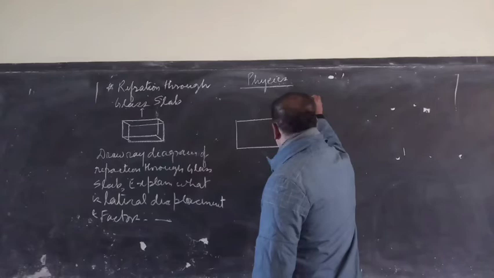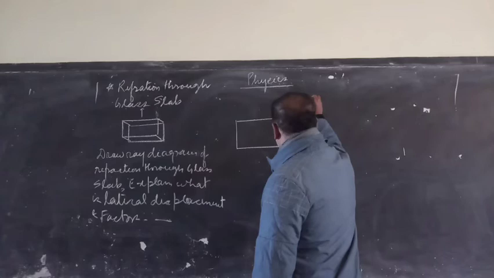Lateral displacement को हम LD बोलेंगे, ठीक है ना बच्चों, शॉर्ट। तो lateral displacement is directly proportional to the angle of incidence, which means as the angle of incidence increases, the distance between emergent ray and produced incident ray increases. मतलब lateral displacement उतना ही बड़ा होगा। Understood?